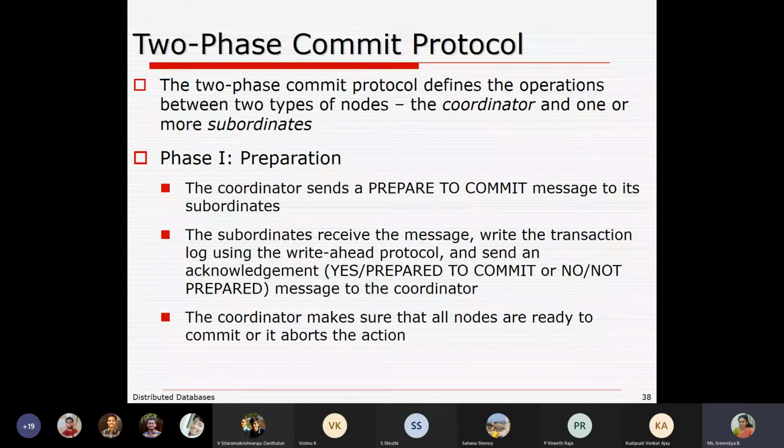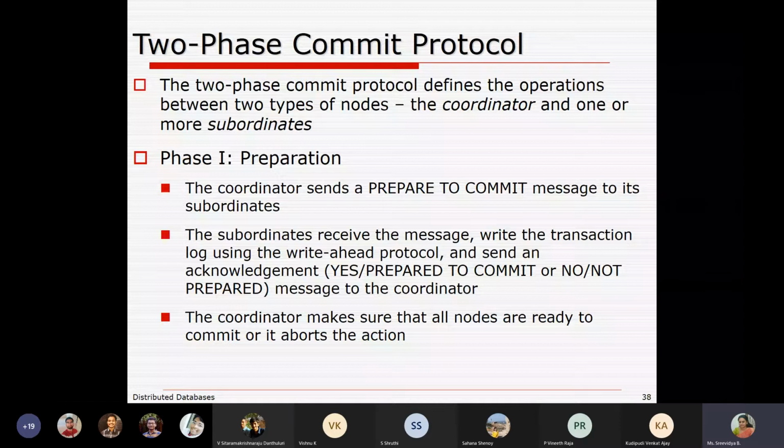You are using a do, undo, redo protocol. The do protocol logs the before and after state, and undo can revert back to the previous state by looking into this log. Redo, if in any case you have to perform that operation again, looks into the log file and then modifies the database to the new state. And the second point we mentioned is that the entire operations are being logged using the write ahead protocol.